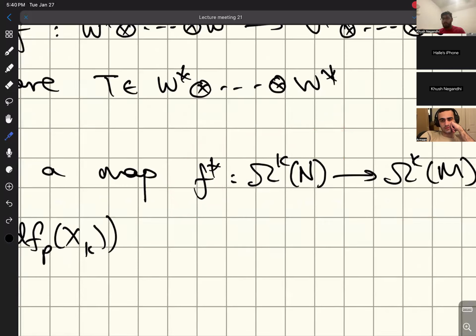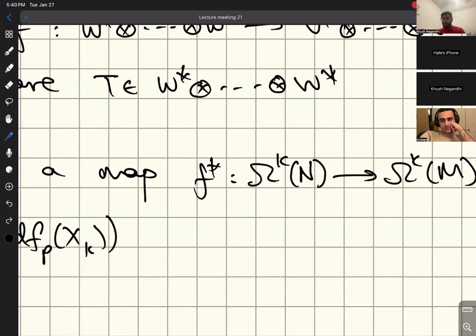Pulling back, I guess, is the simplest way of explaining this, because it takes this tensor bundle and puts it into a map. It's just something that we can use as a map that is not necessarily injective, surjective, or bijective, any sort of thing. It doesn't necessarily need to have an inverse. It's just a nice tool that we have.